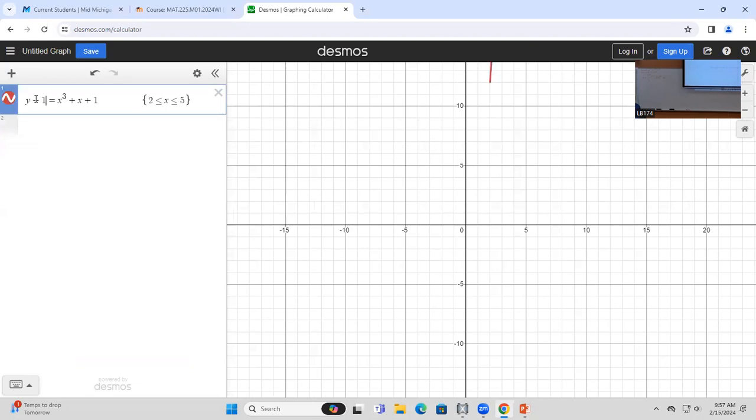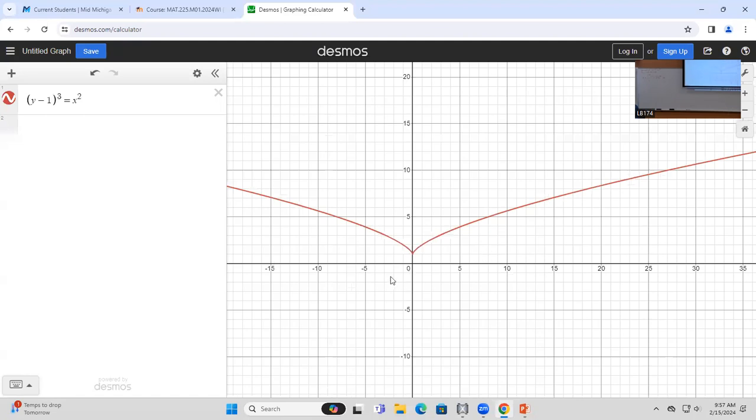So let's take a look at Desmos of what that thing looks like. y minus 1 cubed equals x squared. Looks like that. Okay. Looks like this almost V-shaped, but it's obviously curved.